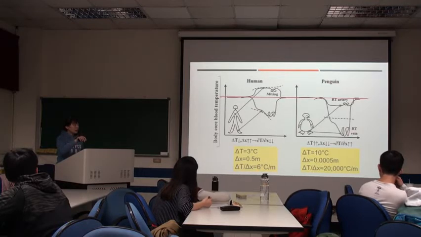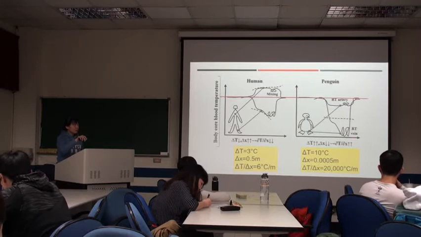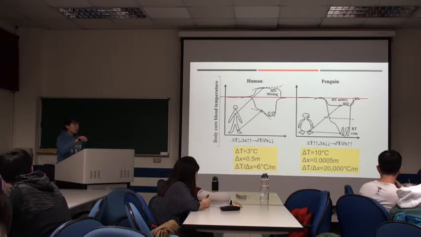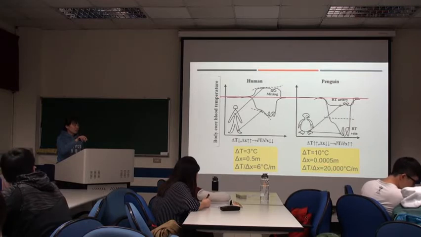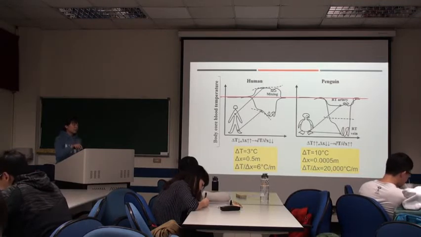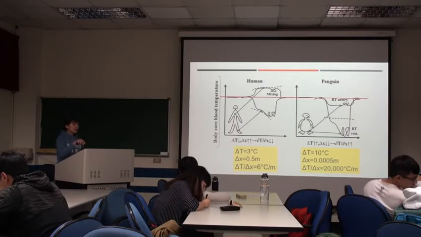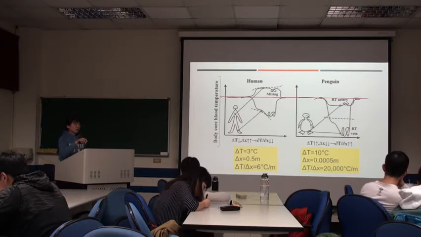In the penguin case, the temperature difference of the arteries and veins is 10 degrees Celsius, and their distance is 0.005 meters. The ratio of delta T to delta X is 20,000 degrees Celsius per meter. So with these two numbers, we can know that the penguin RT is more efficient on heat exchange.